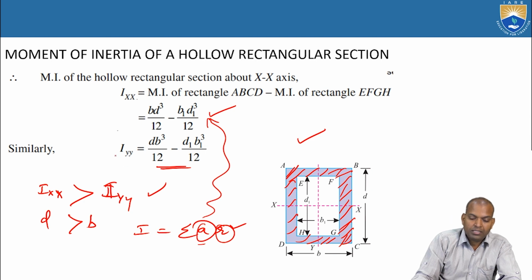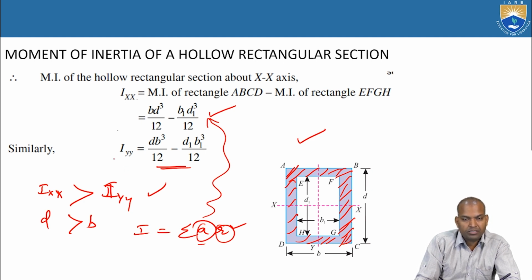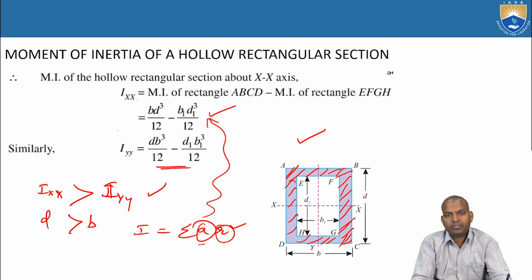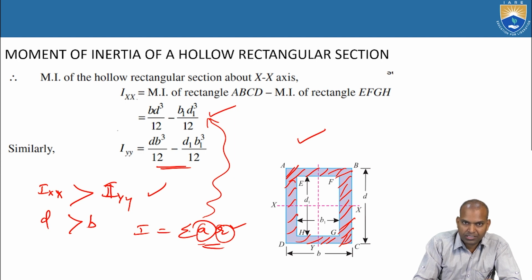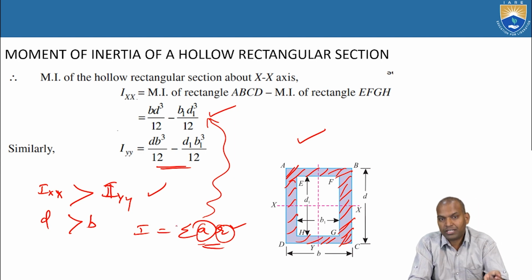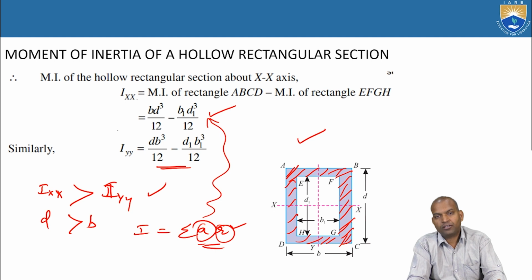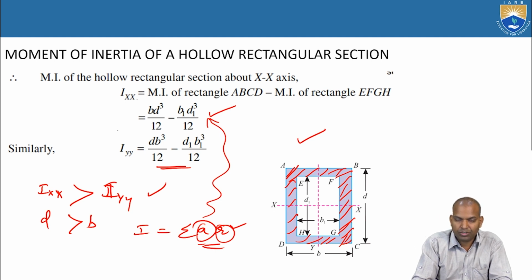That's why here the depth and the breadth of the section are the dependencies. So to start, it is two parameters, area and the corresponding distance. After the derived expression also, it is dependent on two parameters only. Now this is the moment of inertia of a hollow rectangular section.